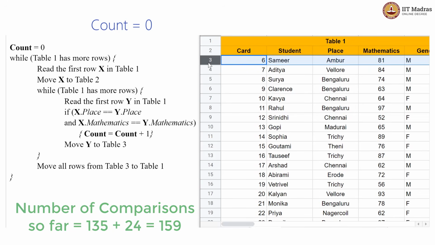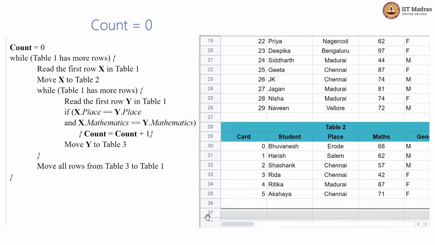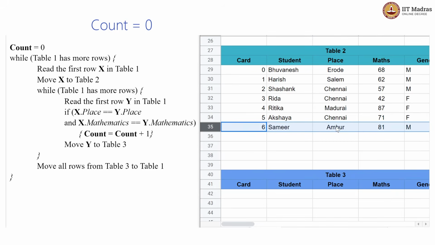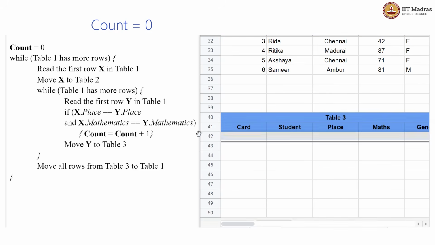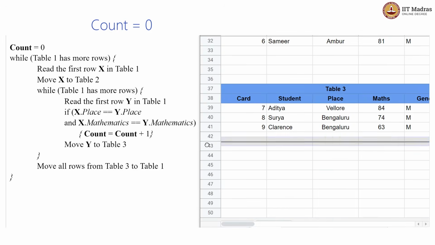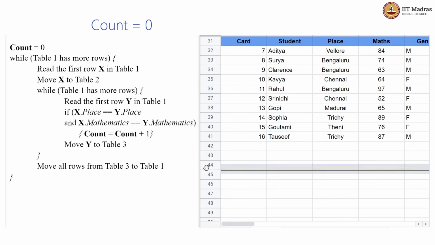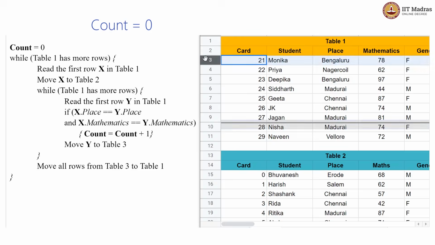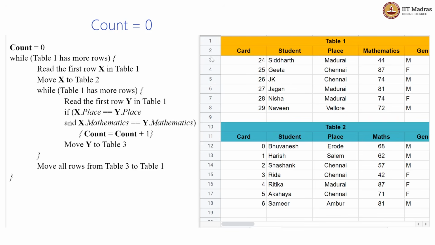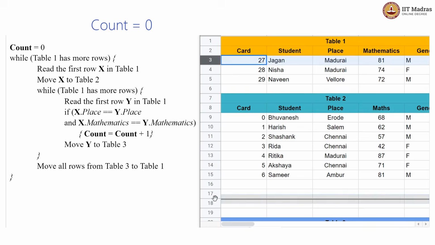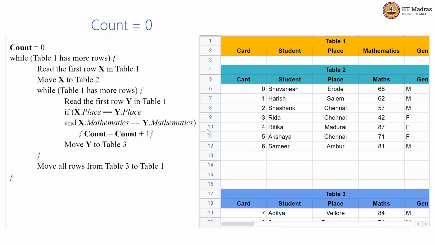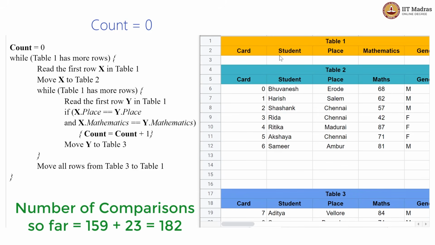Now this is our row X, which we move to table 2. The place is Ambur. The math score is 81. So now table 1 is empty, which means there's only one Ambur card. Anyway, now we move all the rows from table 3 to table 1 again.